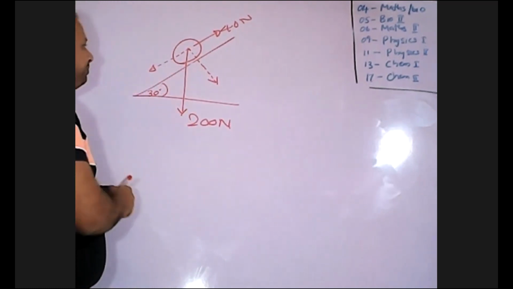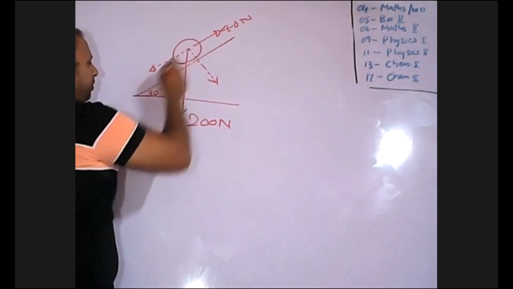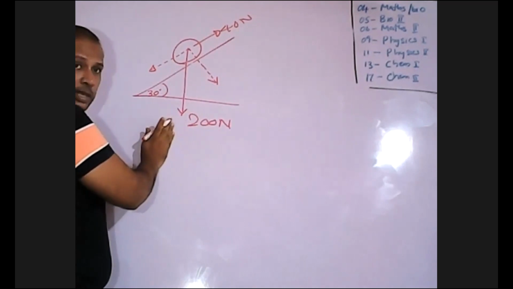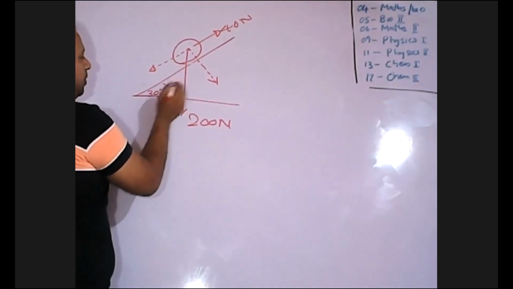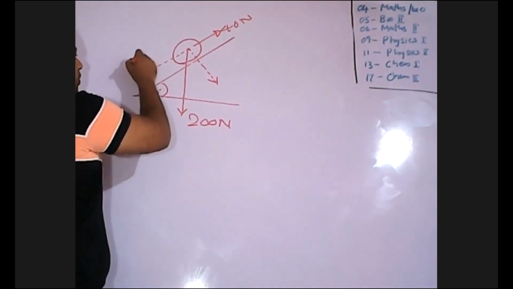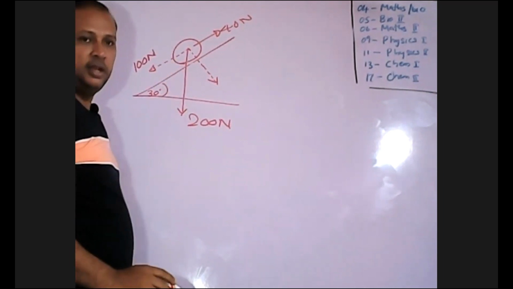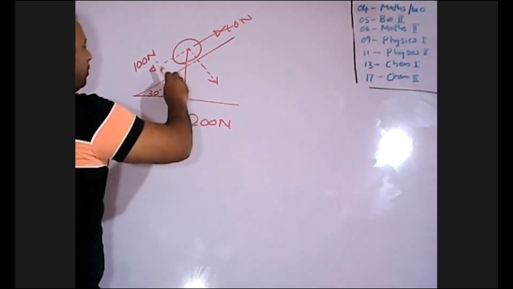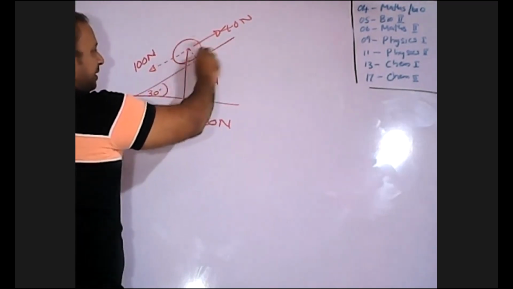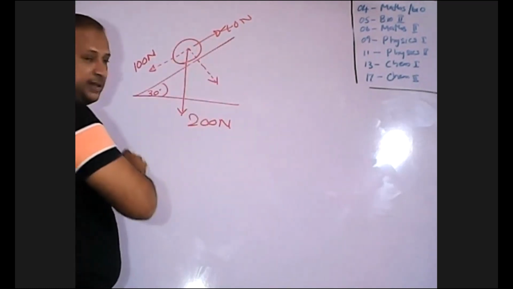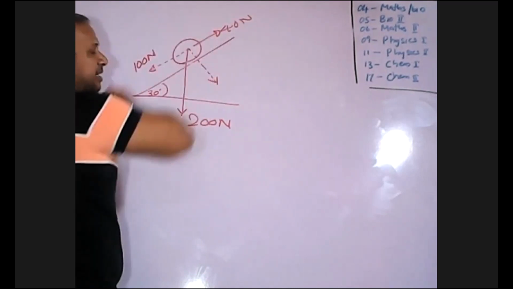Now there is a resolved component. If I resolve this one into this direction, the resolved component will be 100 Newton. Therefore, now there are two vectors acting in opposite directions.